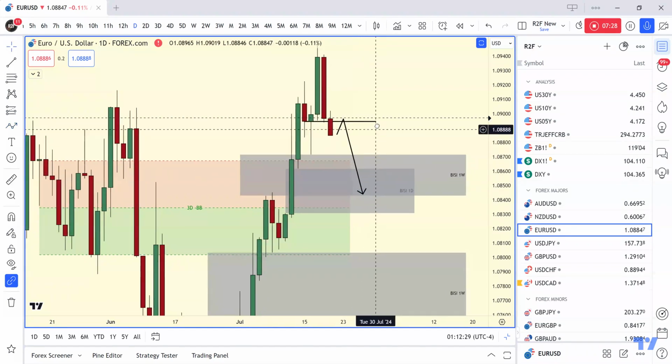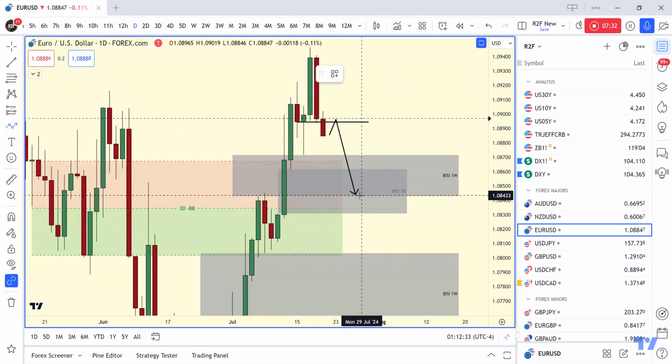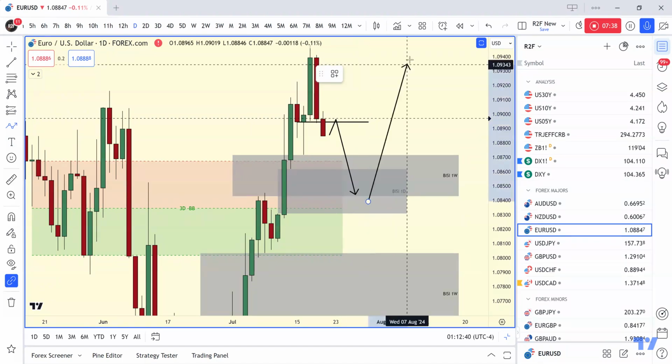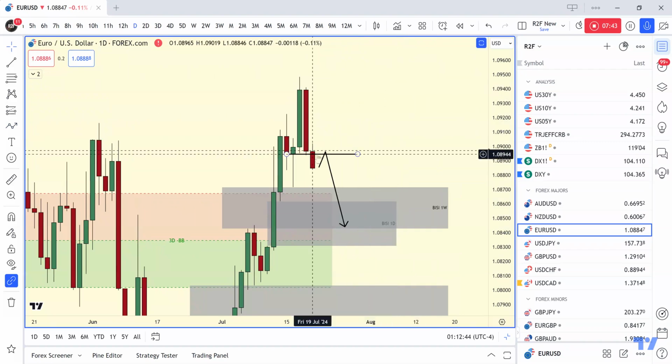So let's see when we do come into here. And from there, I think we may possibly, throughout the week, consolidate a little bit and then move higher. So we'll see. But yeah, we could possibly take a nice short into there.